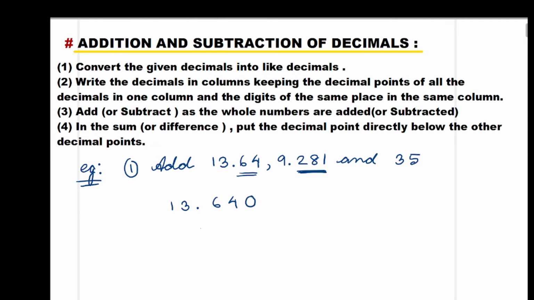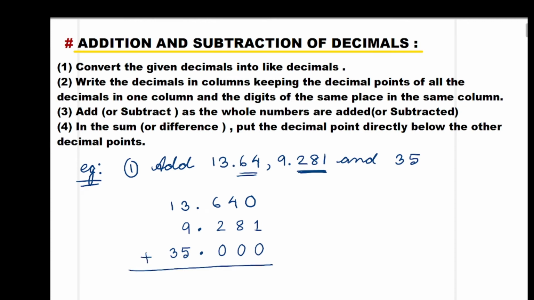Next you have to write 9.281. Now 35. Some students make the mistake of writing it like that, 35. No, it's wrong. The point will come in the same line. So 35, since it is not a decimal, if you put a 0 after the point, then we can make it a decimal.